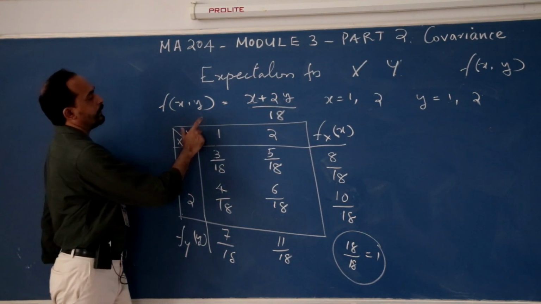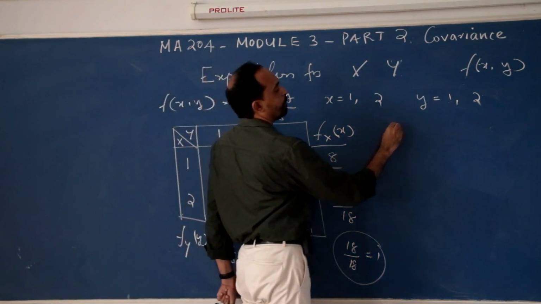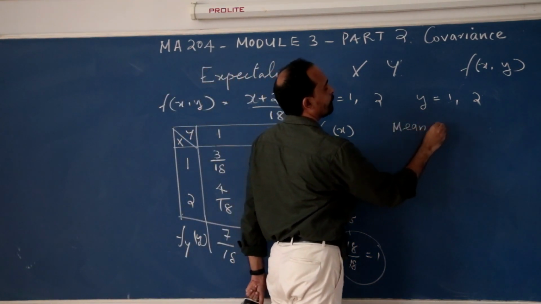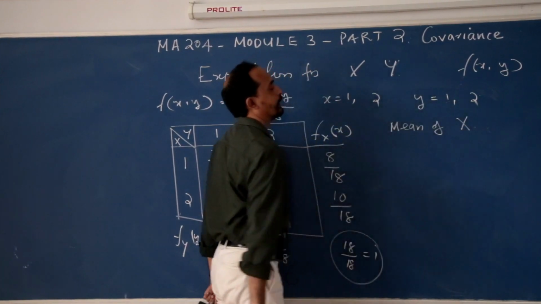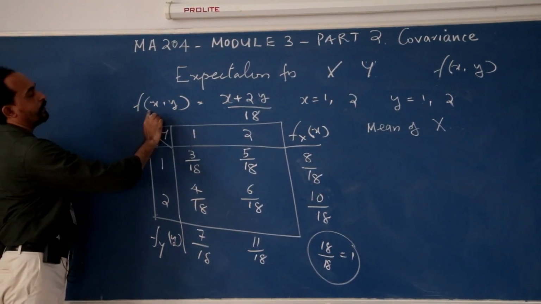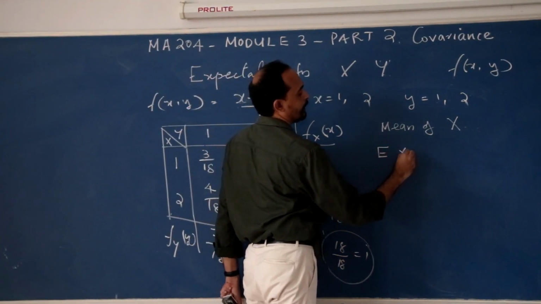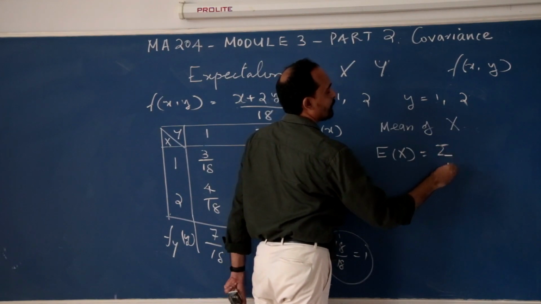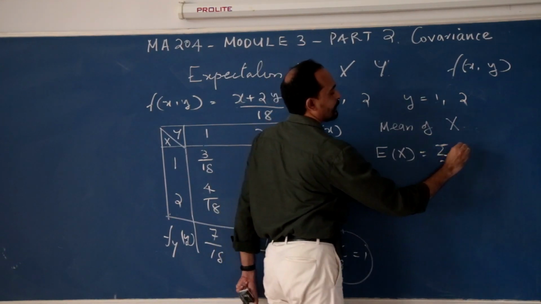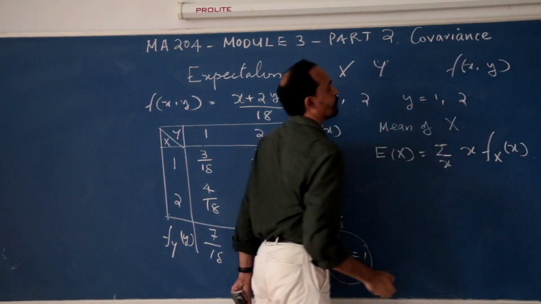Whenever a probability density function having two variables is given, how to find the mean of x? That is the first question. Whenever we are given a function having two variables, the mean of x is defined as expectation of x is equal to sigma over x into f(x) of x. Remember the formula.